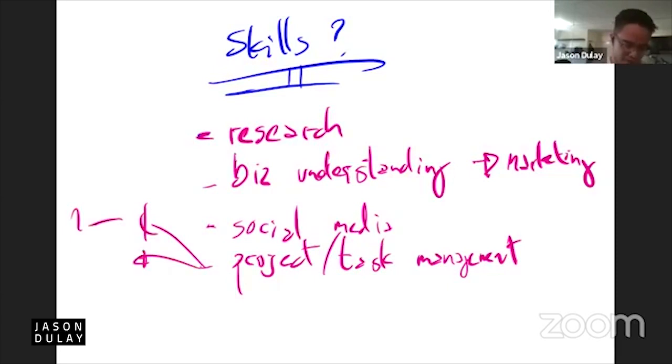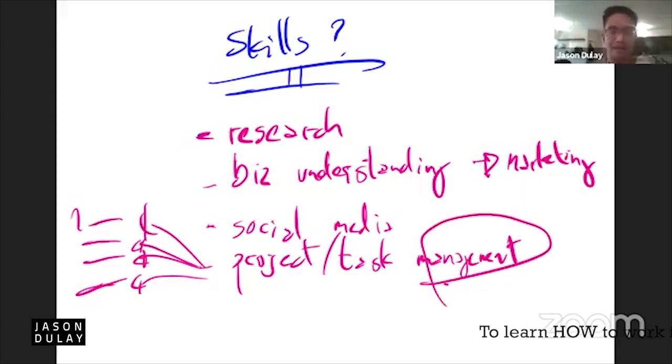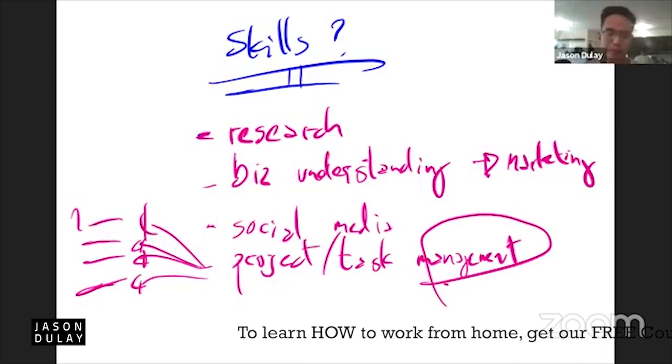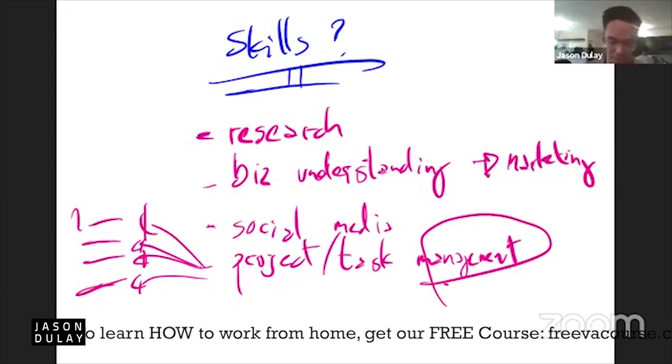This has to be done, this has to be done, this has to be done. And usually you want to get these tasks done by certain deadlines. And a lot of times you have other people doing this for you. So managing the tasks and managing people is also a very important skill for social media strategists to have. But not a lot of people think about this, but it is important. It is really something important to have.